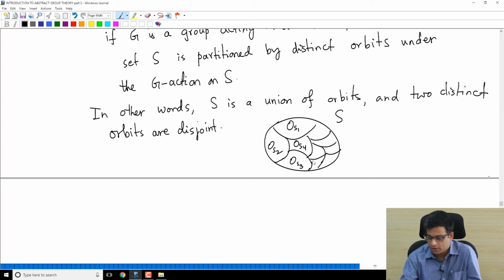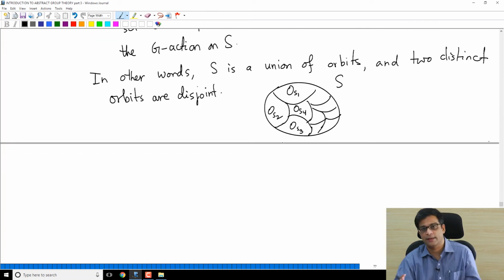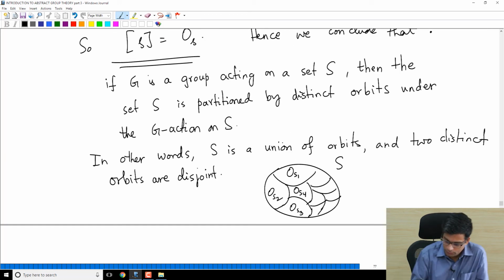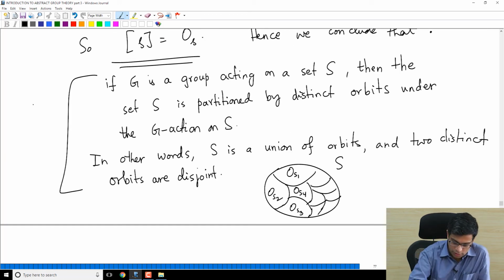The number of orbits may be infinite, but each individual piece in this partition is a single orbit and they have nothing in common. Two distinct orbits have nothing in common. This is the first important observation about group actions that we will exploit a lot. So this is an important fact.